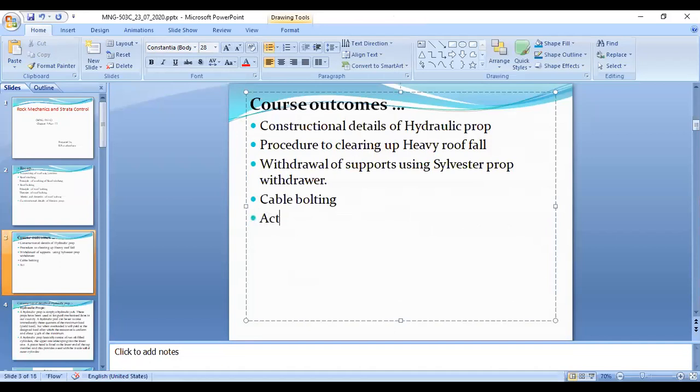And what are active supports? Active and passive supports. Even though these two, so that I won't forget, I just added here. Fine. Let's move on.